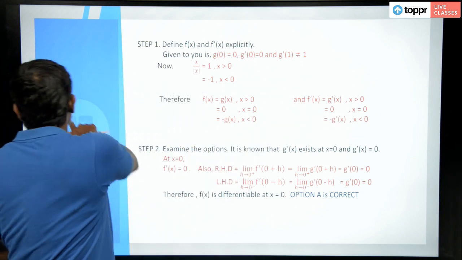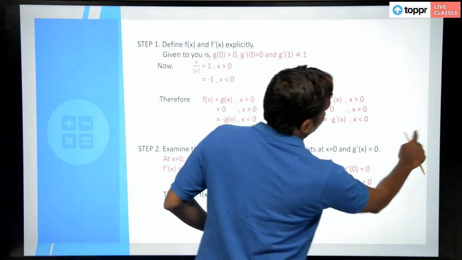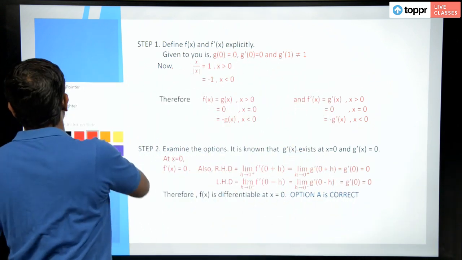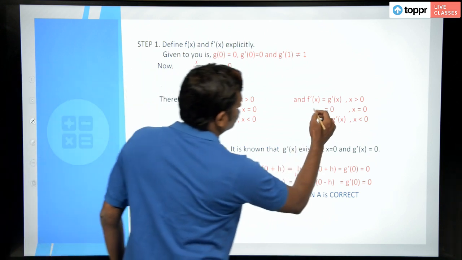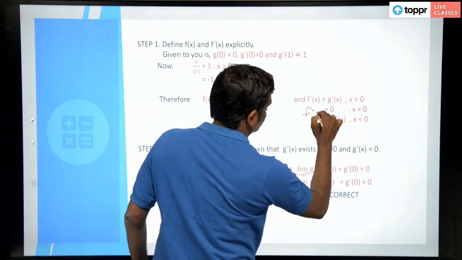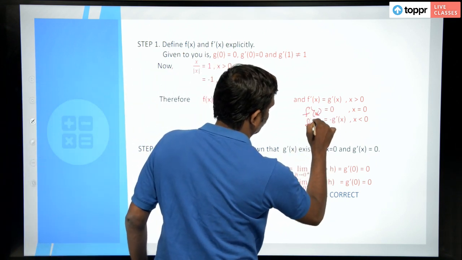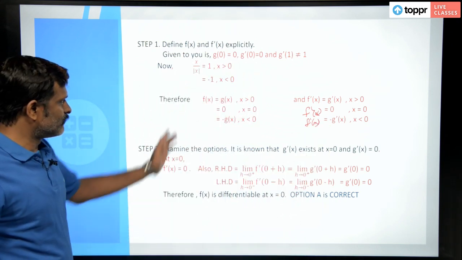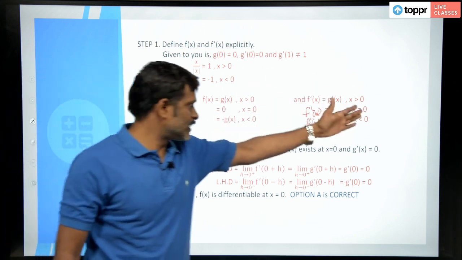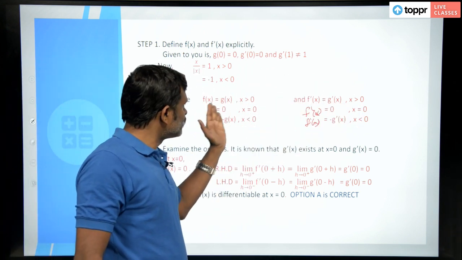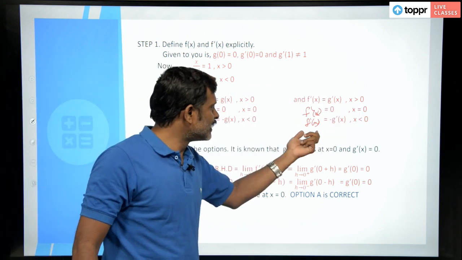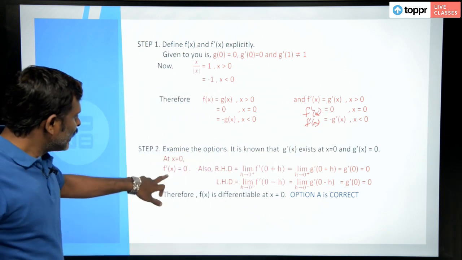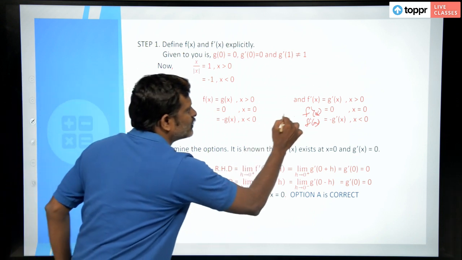Here f dash and g dash are the same, that is how the function is defined: f dash of x is g dash of x when x is positive, f dash of x is equal to 0 when x is equal to 0, and f dash of x is equal to minus g dash of x when x is negative. Now, at x equal to 0 we already know that its value is 0.